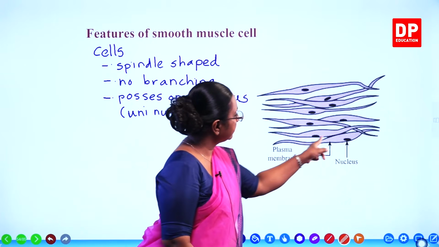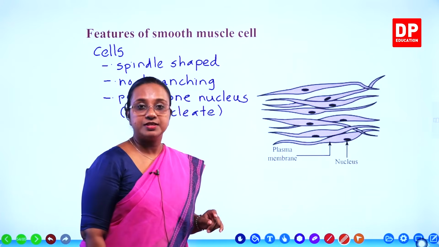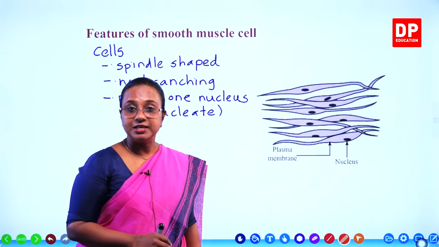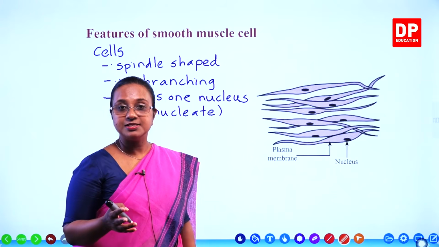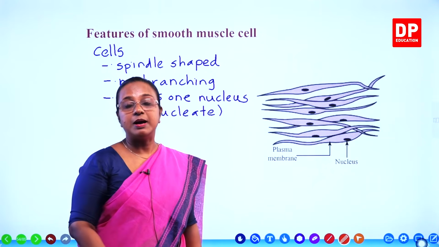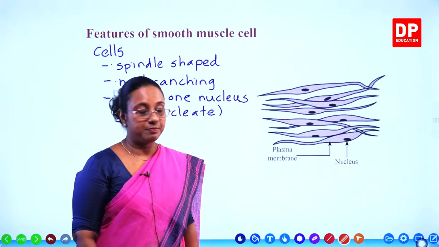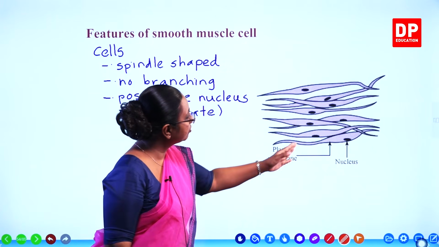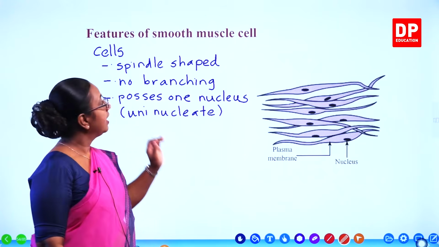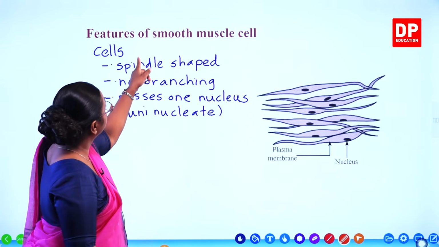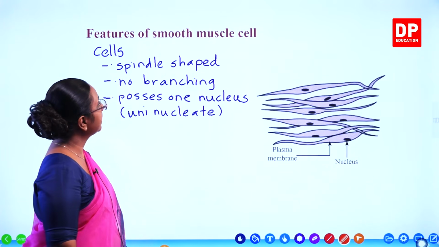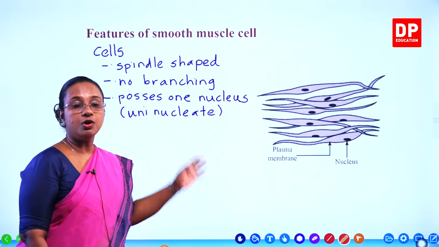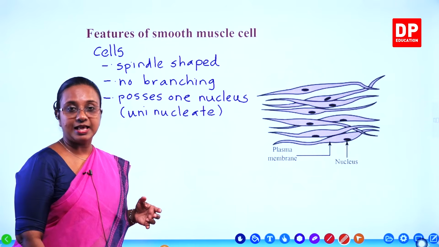Then you can see the outer layer of the cell, that is the plasma membrane. You are familiar with the structure of animal cells. They are surrounded by the plasma membrane. So these are some of the features that you can see here. And there is a reason why we call the tissue smooth muscle tissue or smooth muscle cell.